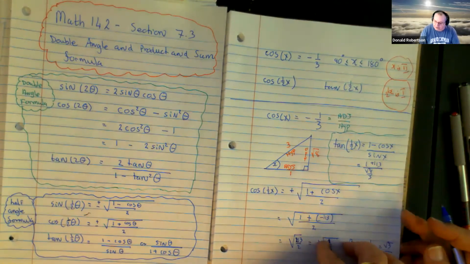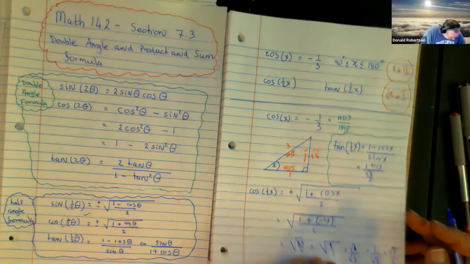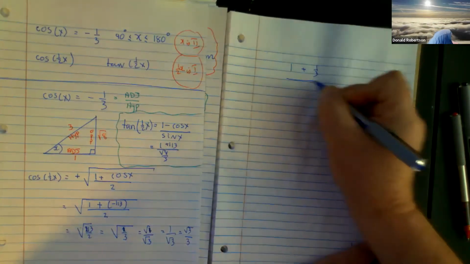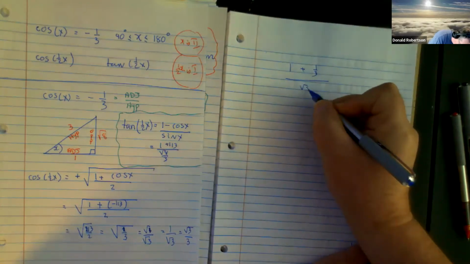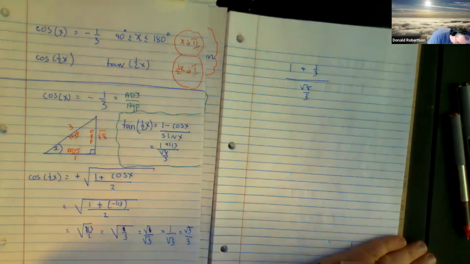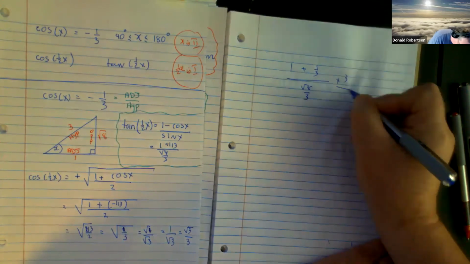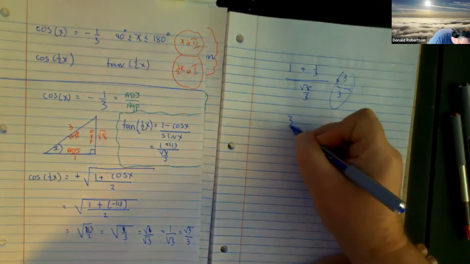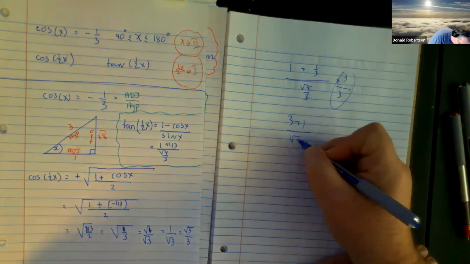So far, so good. Now that I've noticed that this is going to involve a lot more work, I thought, that's the guy. If you times the top and bottom by 3, special version of 1, you'll get 3 plus 1 over root 8.